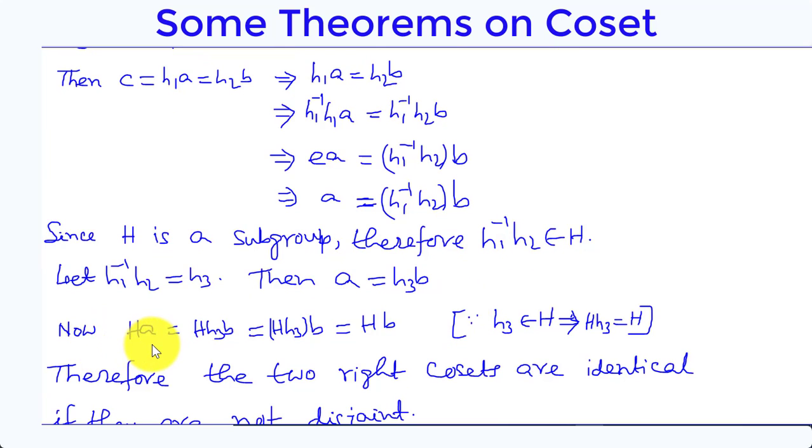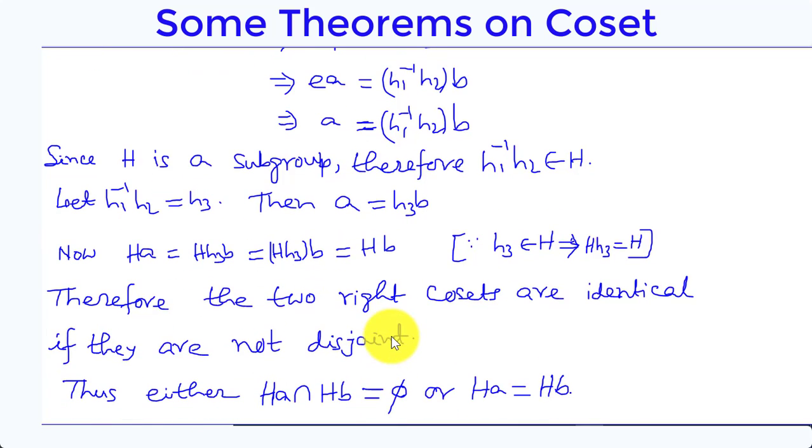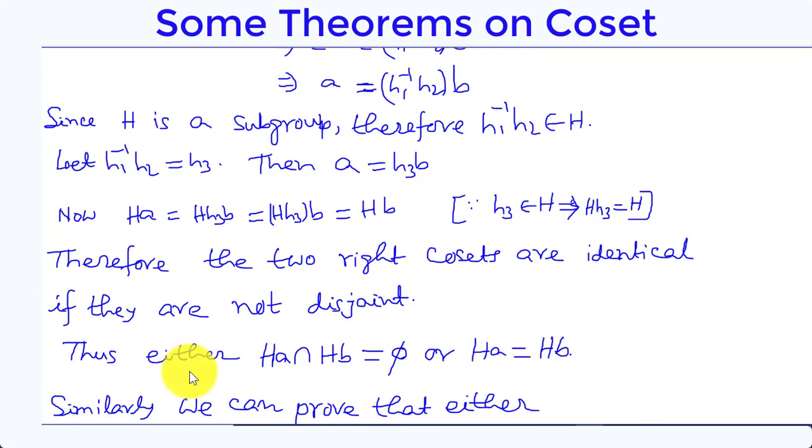Now Ha is equal to Hh3b is equal to Hh3, b is equal to Hb. Since h3 belongs to H, implies that Hh3 is equal to H. So Ha is equal to Hb. Therefore, the two right cosets are identical if they are not disjoint.